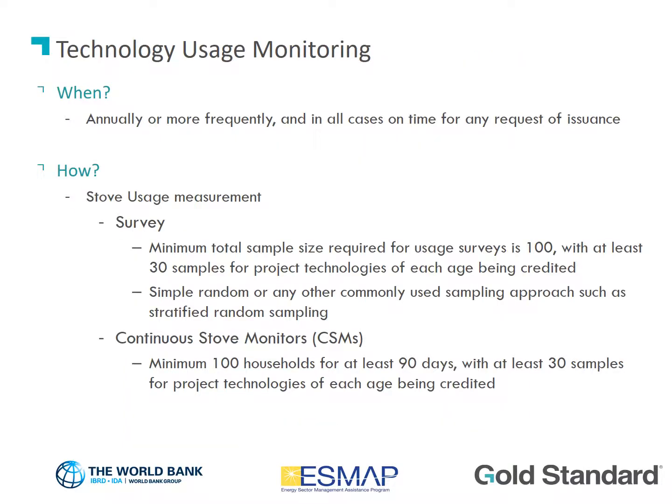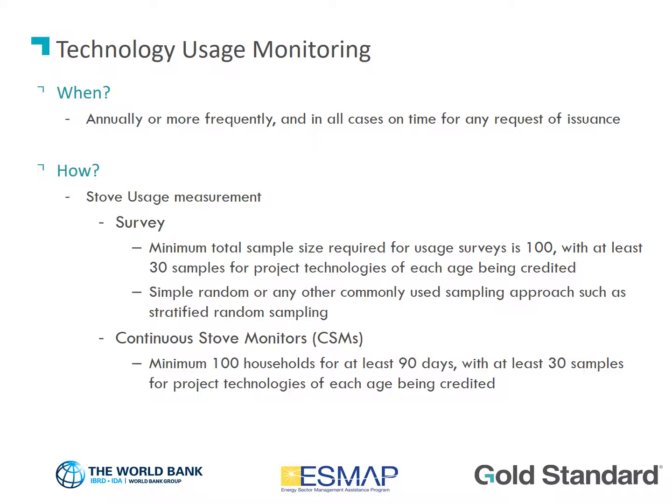Technology usage monitoring should be done annually or more frequently if possible, and in all cases, on time for any request of issuance. Stove use measurements can be taken via survey, and if the survey method is used, a minimum total sample size is 100, with at least 30 samples for project technologies of each age being credited.